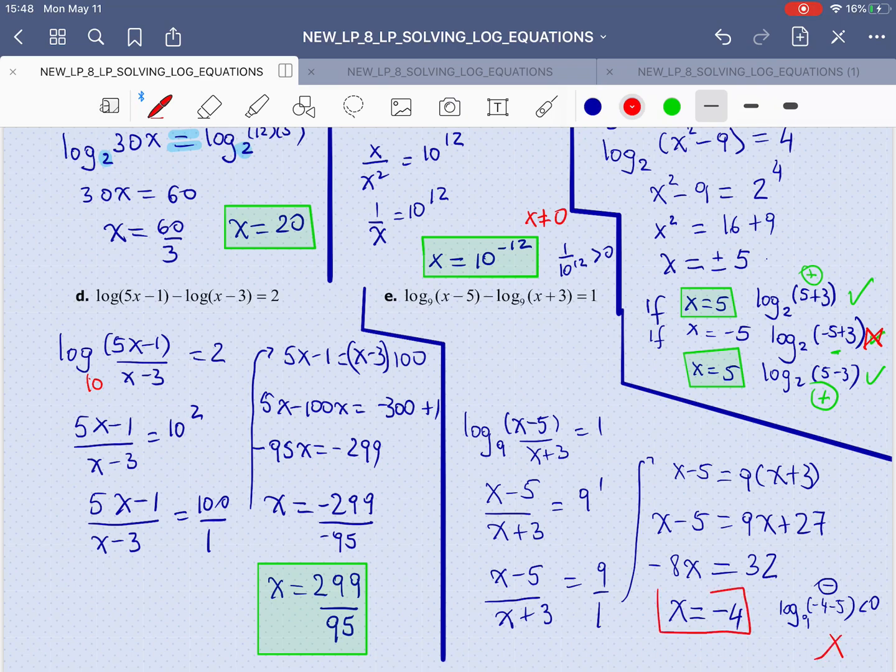So we are unhappy with x equals negative 4, and we'll reject this solution. So we have no solution for this equation.